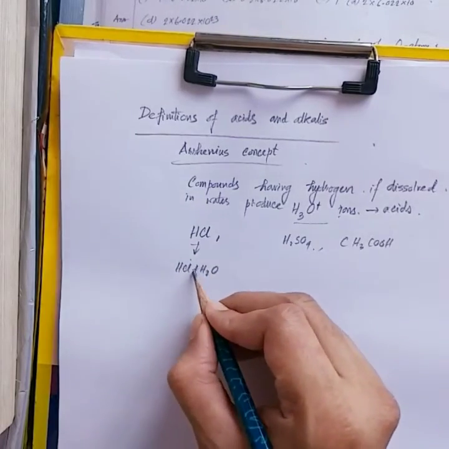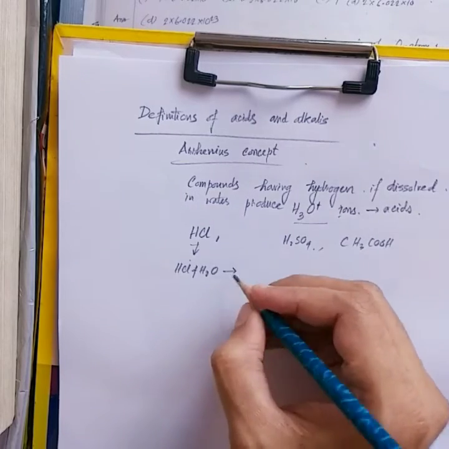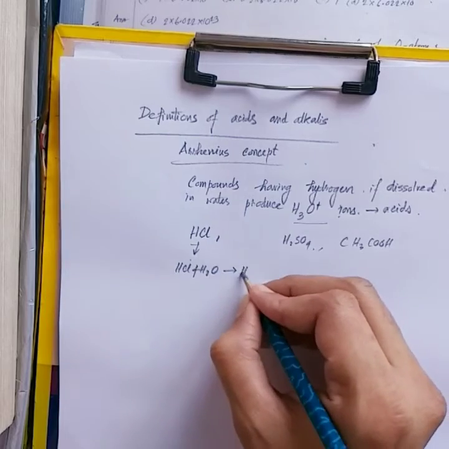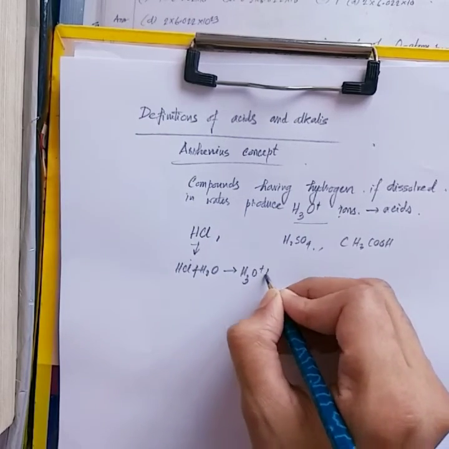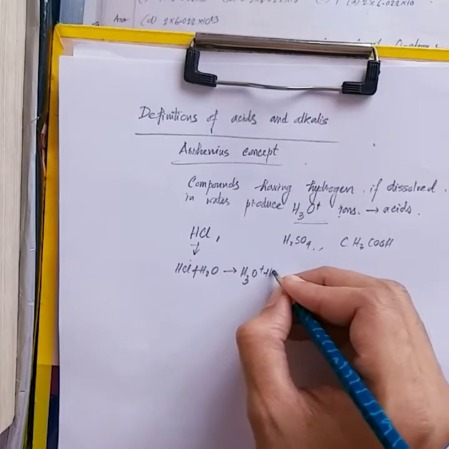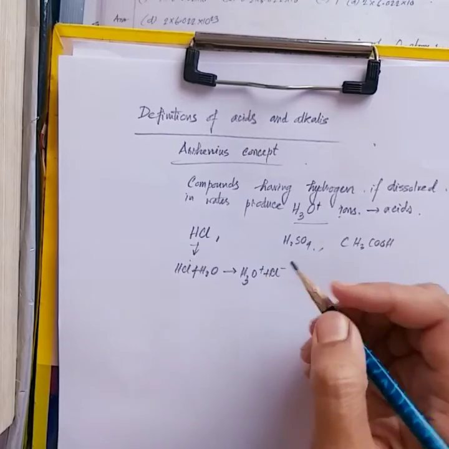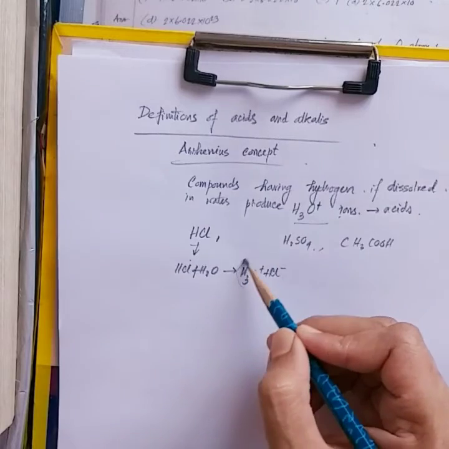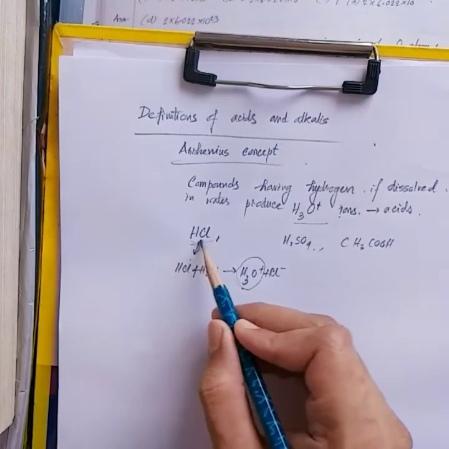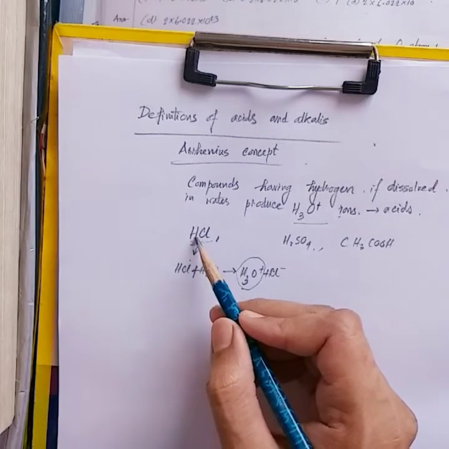This HCl will give hydrogen ion, then that hydrogen ion will combine with this H2O and form H3O plus ion, that is the hydroxonium or hydronium ion, and chlorine ion will be released. Okay, so according to Arrhenius, since this H3O plus ion is produced in the aqueous solution of HCl, therefore this is nothing but an acid.